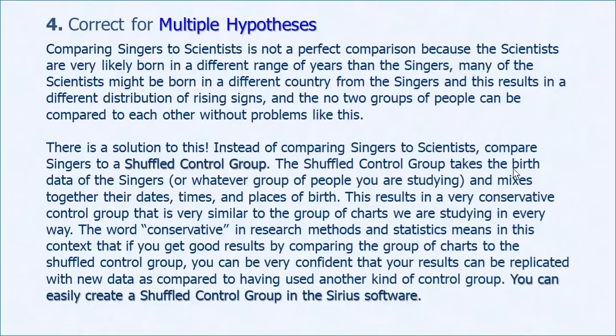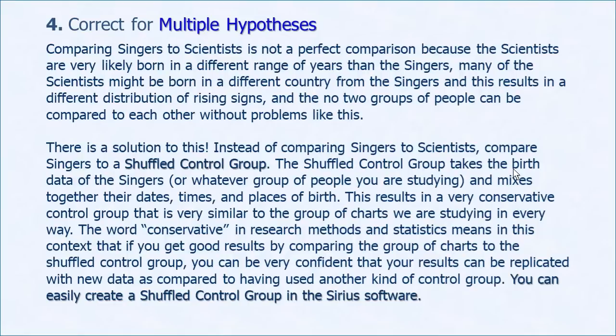If I compare singers to scientists, maybe the singers are born in different places. Maybe they tend to be younger. Maybe the planets moved into different configurations at different years. I don't really know if what I'm looking at is a difference in the times the people were born, or is it a real difference? Based on the situation, I may be able to get a good guess, but a shuffled control group is really, really wonderful.